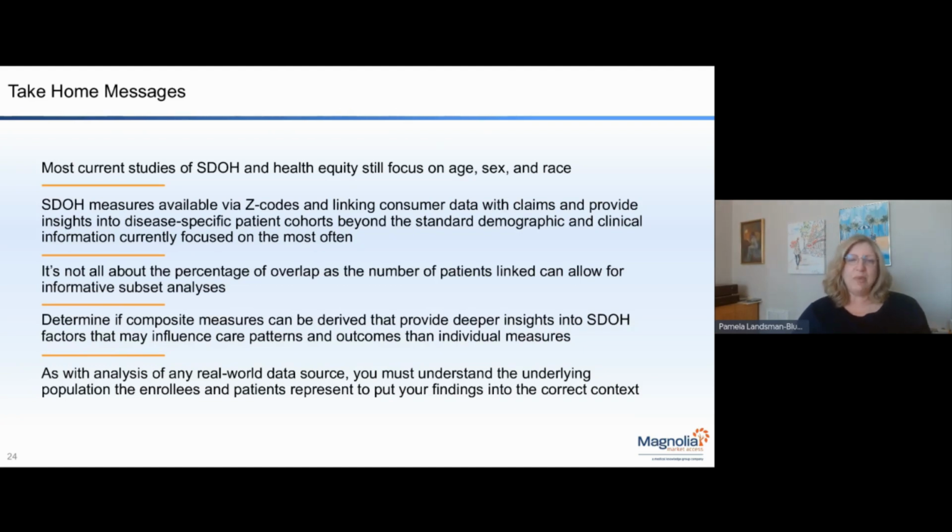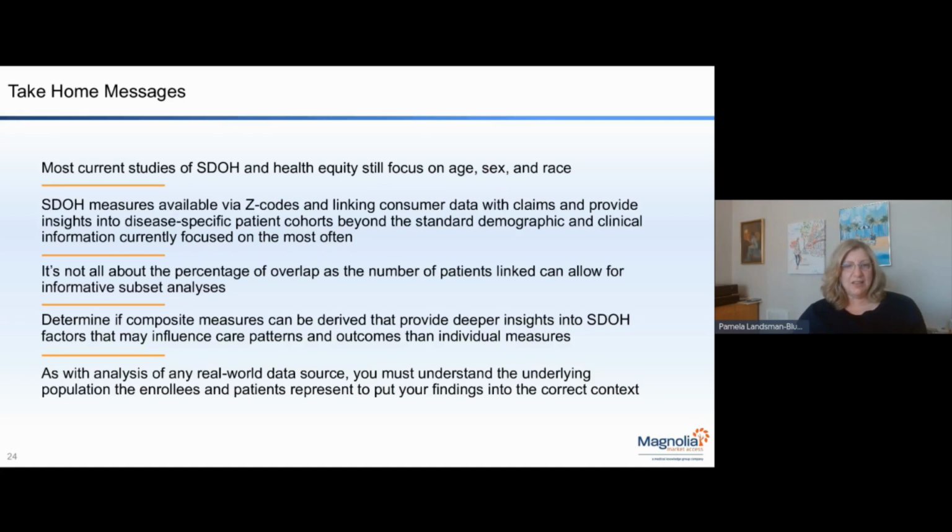It's not all about the percentage of overlap, as you saw, as the number of patients linked or the number of patients with a Z code can allow for informative subset analyses. You want to determine if composite measures can be derived that will provide deeper insights than the factors individually.